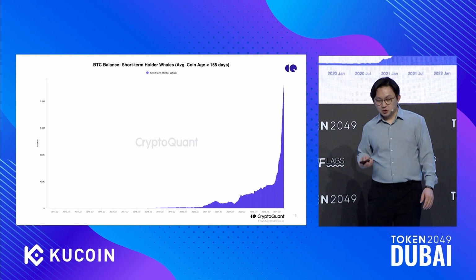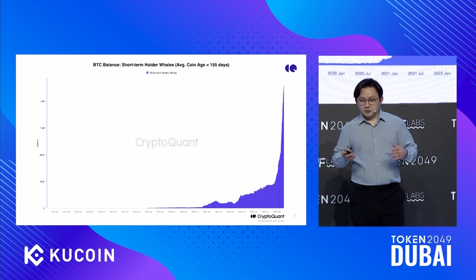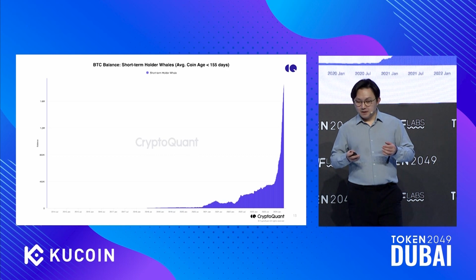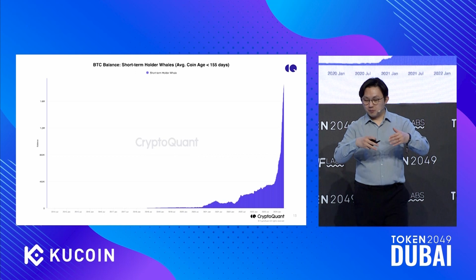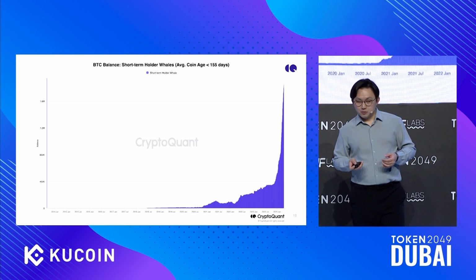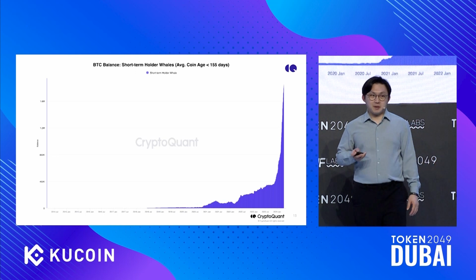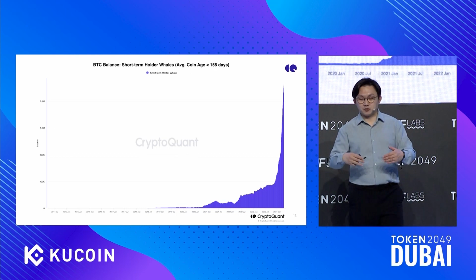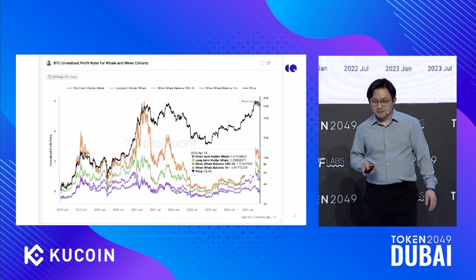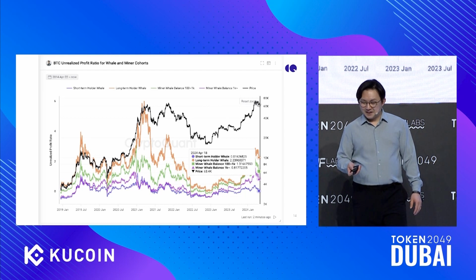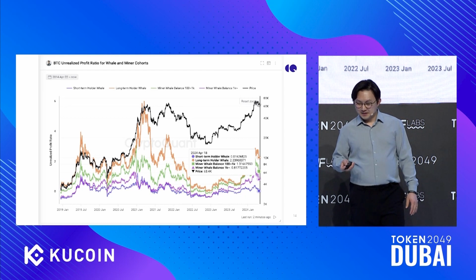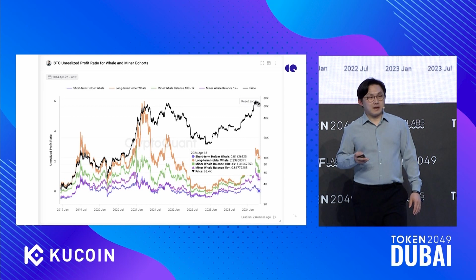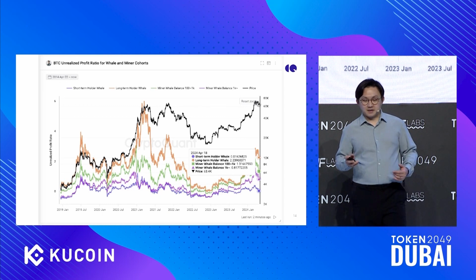This is a very interesting chart. If you look at the short-term cohort whales, the amount of money flowing into the market is crazy. It's 1.8 million Bitcoins, around $150 billion, just flowing into the market via ETFs and custodial wallets. I took a screenshot today. This is the unrealized profit for whales and miners.